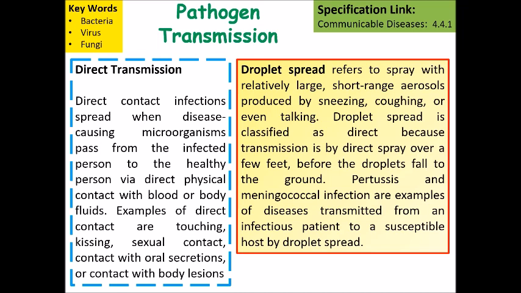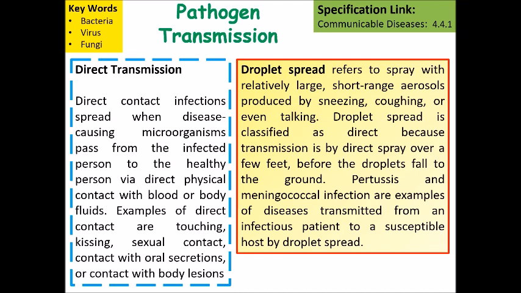One method of direct transmission is by droplet spread. This refers to the spread of relatively large, short-range aerosols produced by sneezing, coughing, or even talking. Droplet spread is classified as a direct method because transmission is by direct spray over a few feet before the droplets fall to the ground.